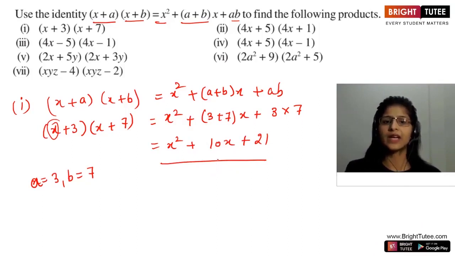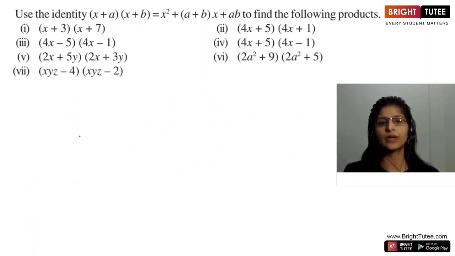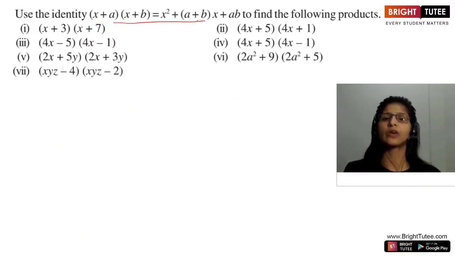So now what we have done, the identity which is given in the question, using that identity we have solved the product. Okay, let's move to the next part. There are 7 parts in the question, so it is going to give you very good practice of this identity, and of the other 3 identities we have done a lot of practice in question number 1. So now let us see the second part.